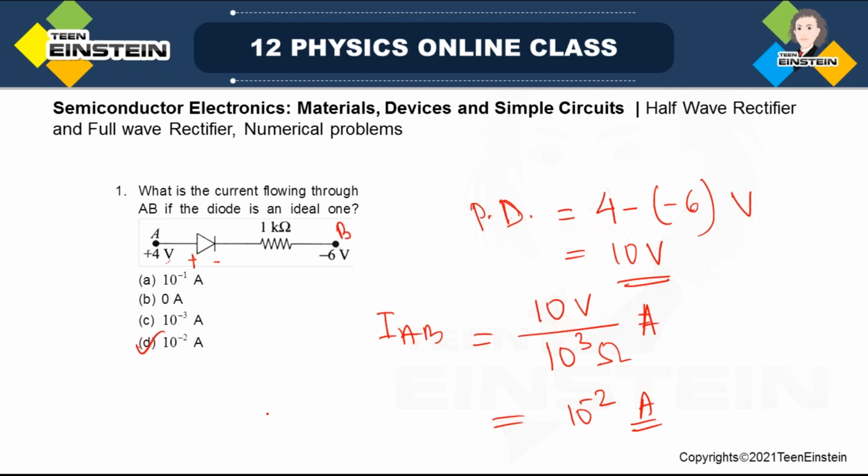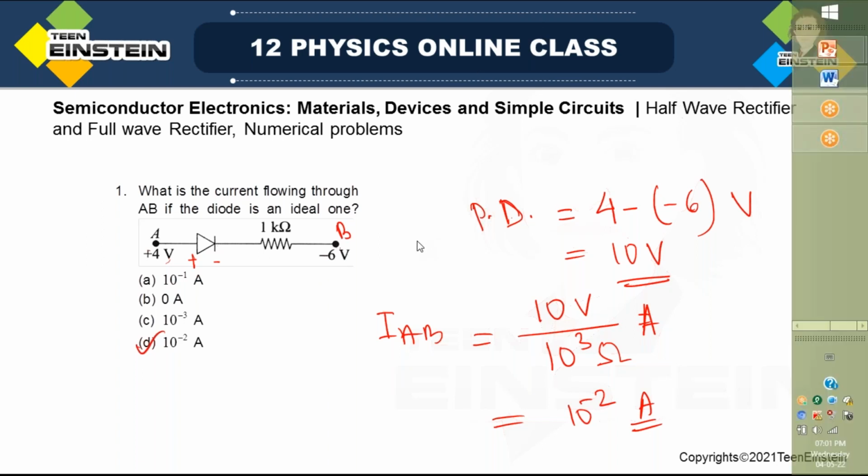So this is how you can solve numerical problems related to diode. We'll take a few numerical problems again when we complete the Zener diode, etc. So for today we'll stop here.